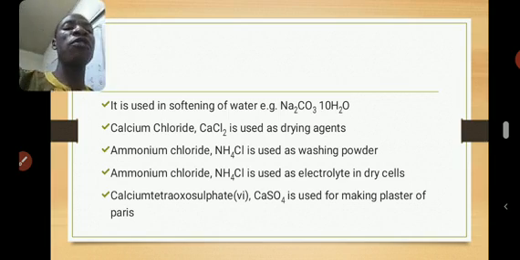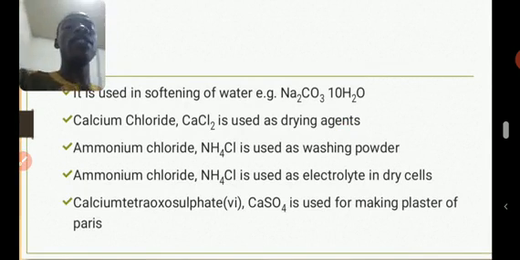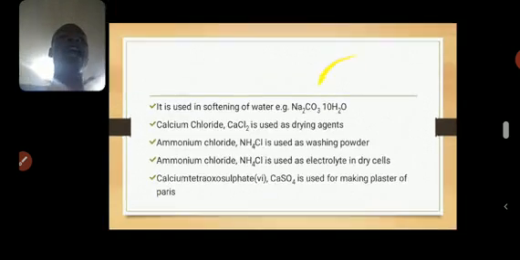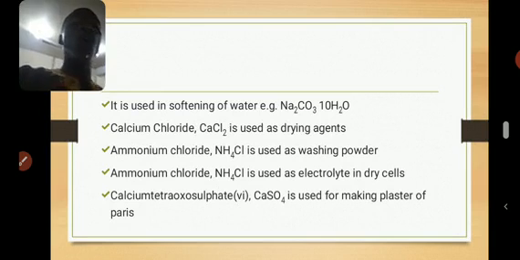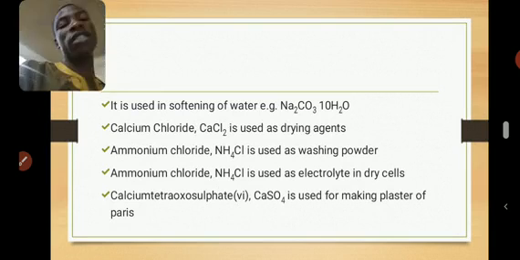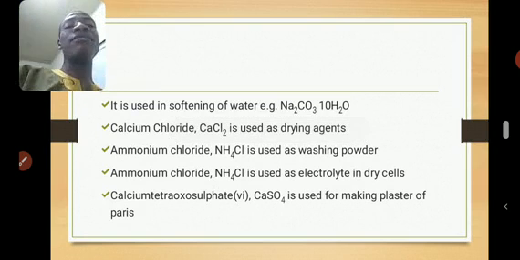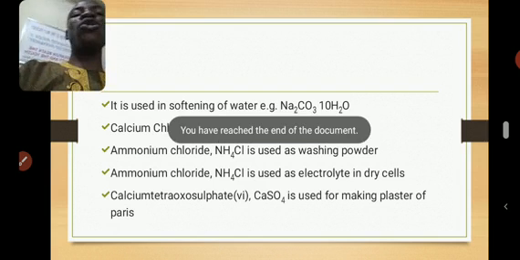That POP is made from calcium sulfate, CaSO4. So these are the functions of salts that are very important in our society, and this is the end of salts.